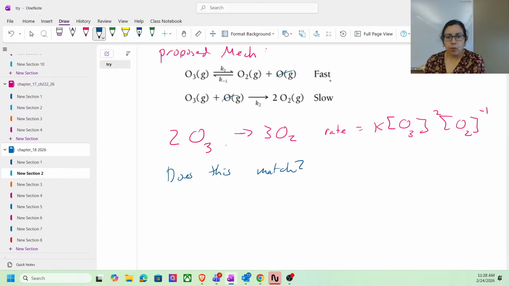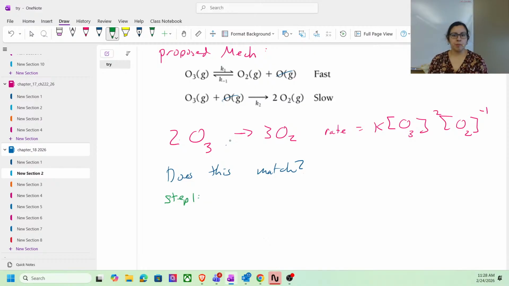Then let's go through our mechanism again. We always start with our step 1. Again, we have a fast first step. Really, our rate law is dependent on our slow step, but we can't just express it that way. So let's look at a few different things.